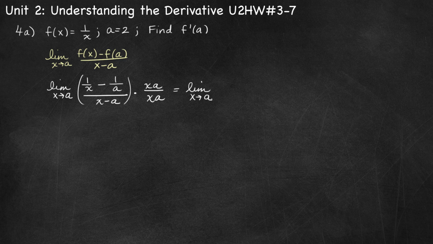So we have the limit as x approaches a, and now I'm distributing this to both terms in my numerator. So 1 over x times xa is just a, minus 1 over a times xa is x. And then in the denominator, I have x minus a times x times a.